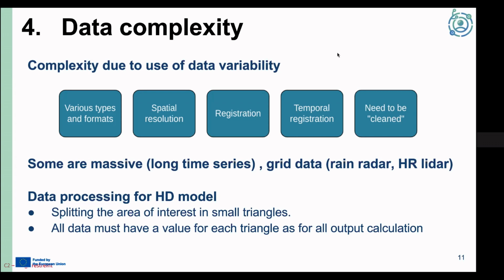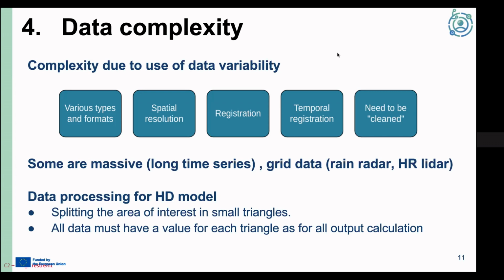So it's a lot of interpolation. For example, we have to process this data first to have the same resolution and the best one. We also had to do some registration. As we are talking about geographic data, we need to have all the data at the same geographic points.